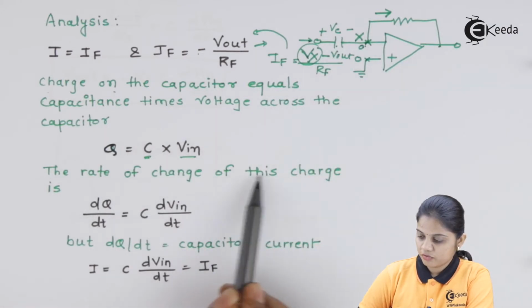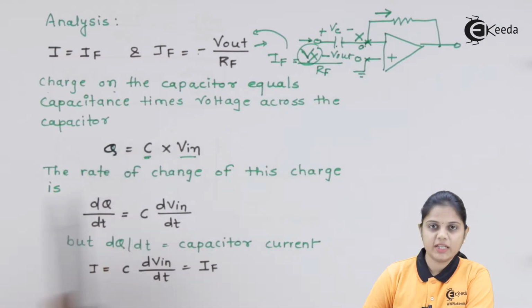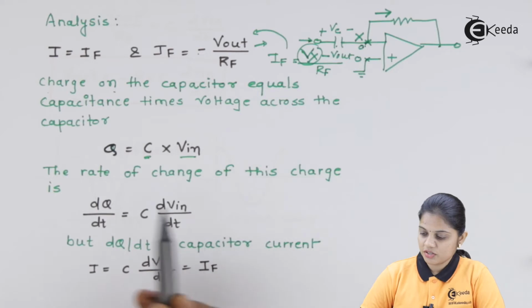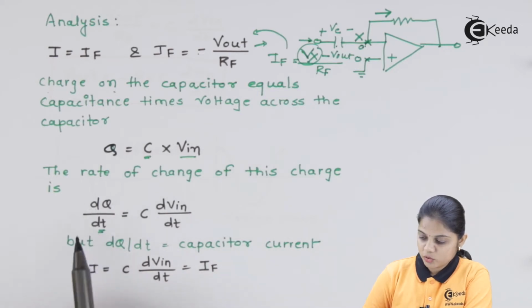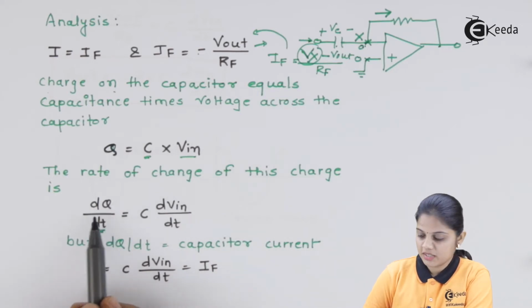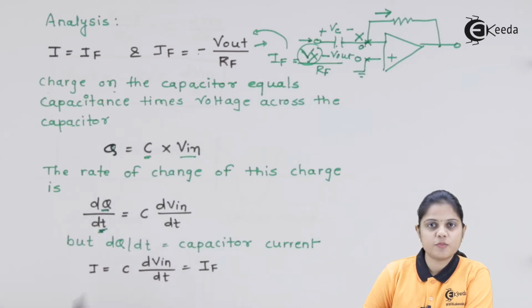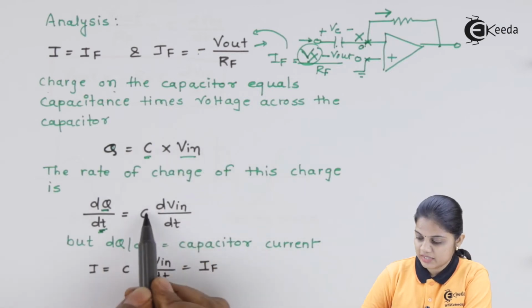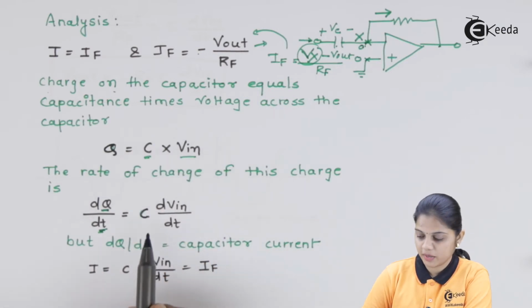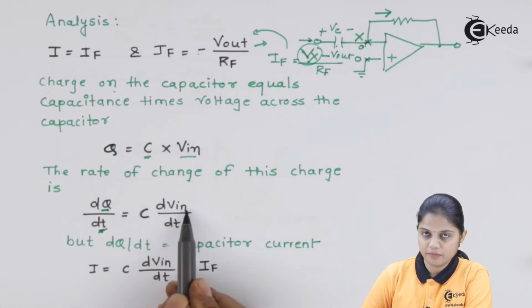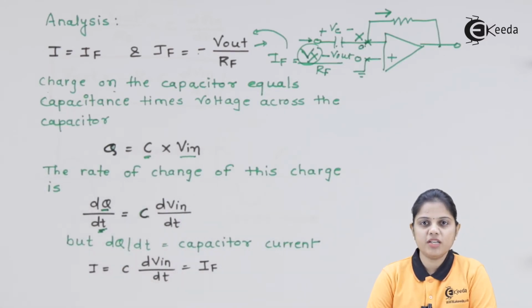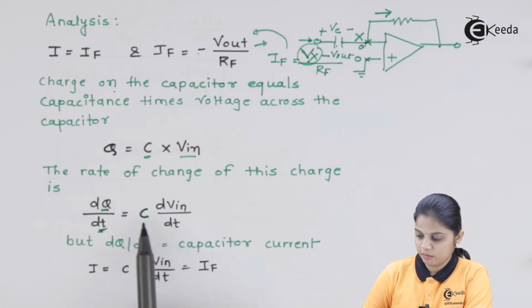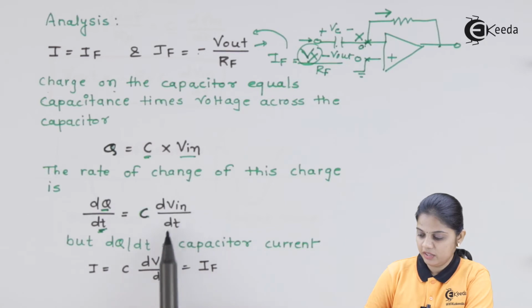So Q is equal to C times Vin. The rate of change of this charge will keep changing with time, so it is dq by dt. Taking the derivative of this side, C is the constant, the value of the capacitor, so dq by dt is equal to C d by dt of Vin, because if there is a change in input voltage, there will be a change in the charge of the capacitor. So dq by dt is nothing but C dVin by dt.